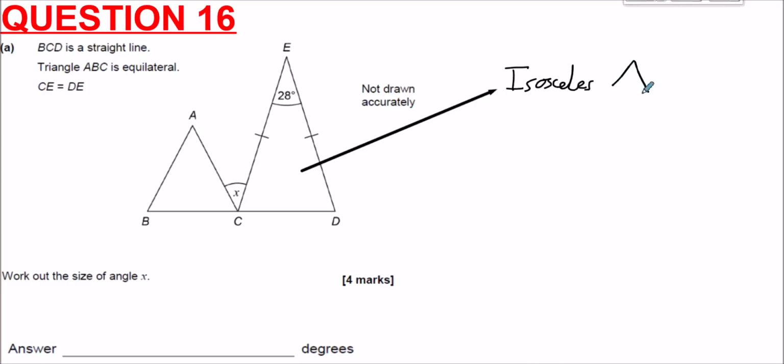Because an isosceles triangle has 2 sides that are the same, and because of that, it'll also have 2 angles that are the same.